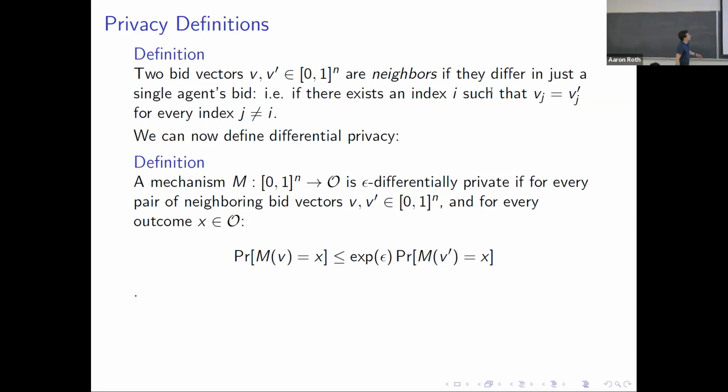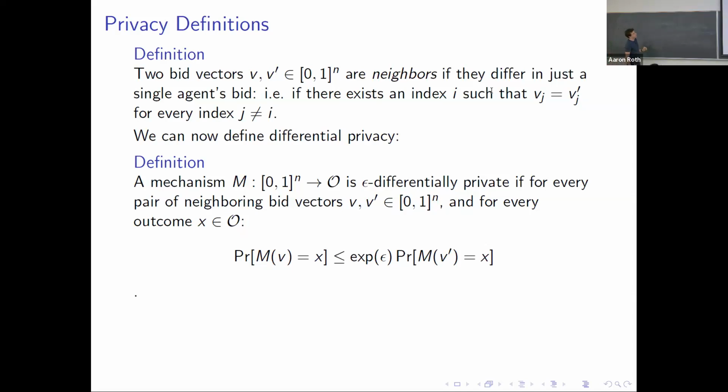In general, I could talk about an algorithm that tries to do anything and discuss its privacy properties. But jumping ahead, the way we're going to instantiate this in this lecture is by looking at algorithms satisfying this property that look at bid vectors and choose the price that maximizes revenue given the bids.